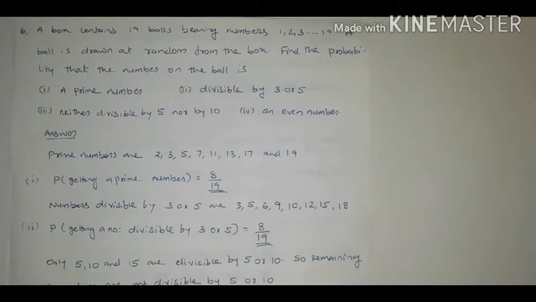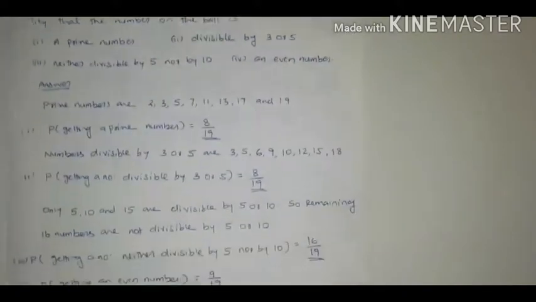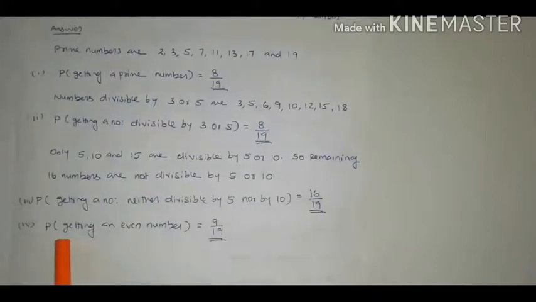And next, the probability of getting an even number. How many even numbers can we take from those 19 numbers? The numbers are 2, 4, 6, 8, 10, like that. 9 numbers we get as even numbers.